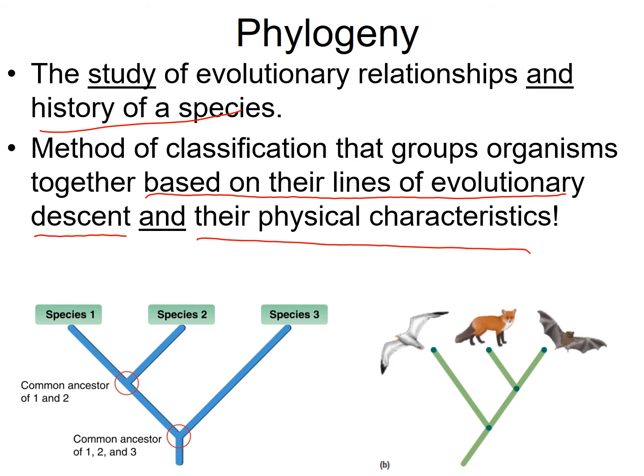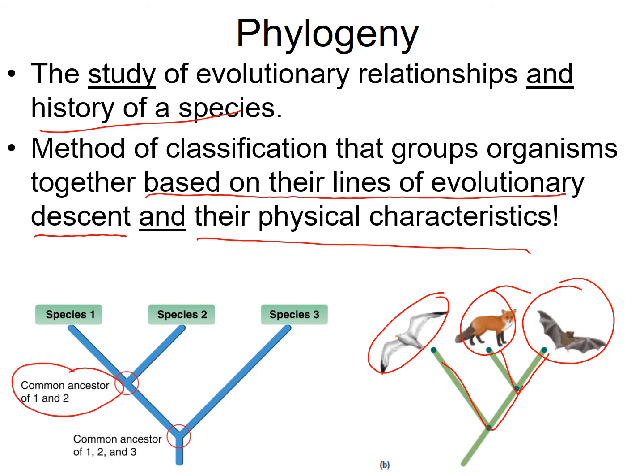So as you see here, a fox and a bat are more related than, I don't know what type of bird this is, but let's just say it's a pelican. So this is more related than this is. So the closer you are, as you see here, has common ancestor 1 and 2. Okay, this is the common ancestor of all of them because they all started from the same point. But the closer they are together, they have more similarities.